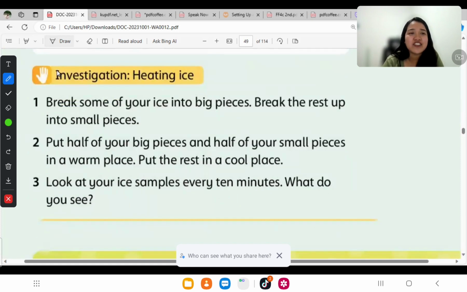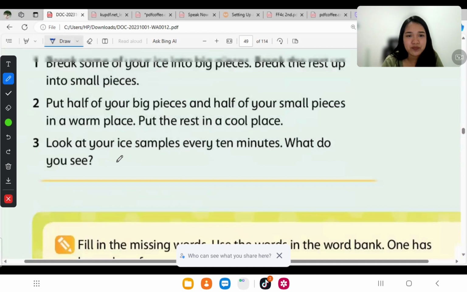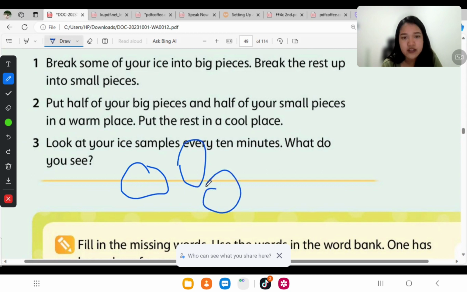Okay, just like in our illustration, this is a big ice, and the other one is small. Imagine this circle is an ice.